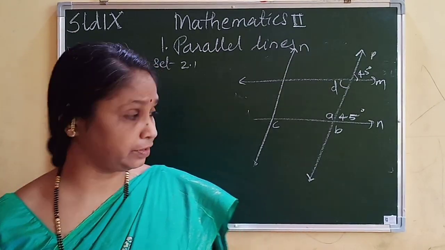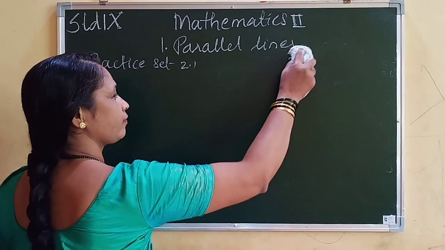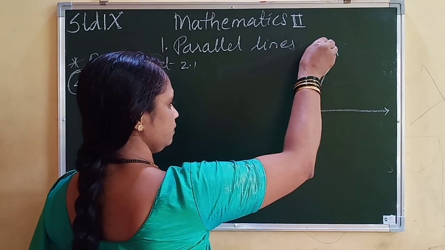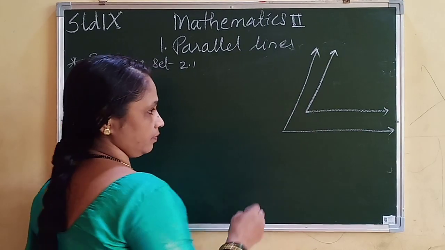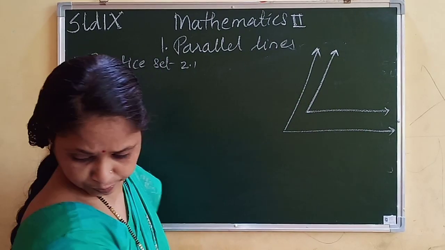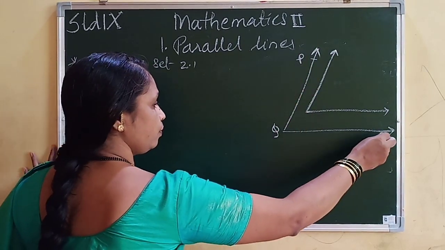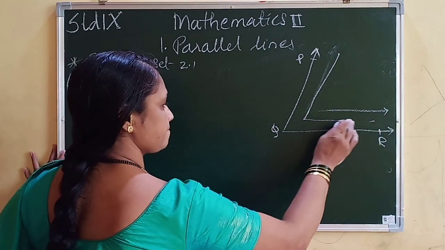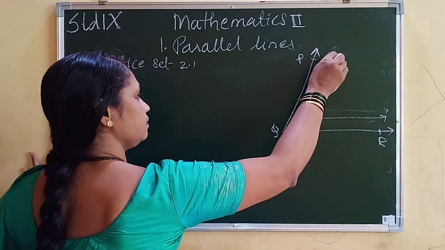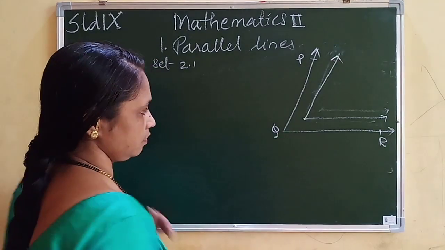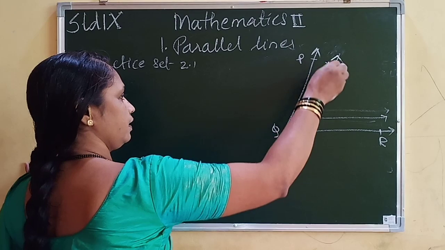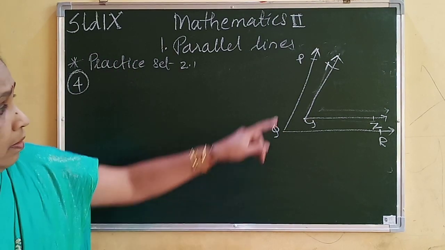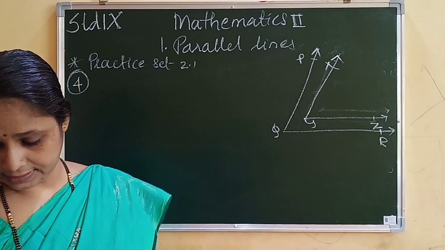Question number 4 is: in the given figure, the figure is given, this is angle PQR and this is angle XYZ. Now in the figure, the sides of angle PQR and XYZ are parallel.